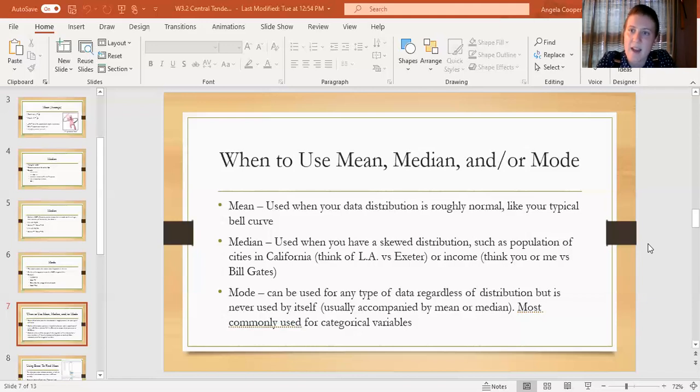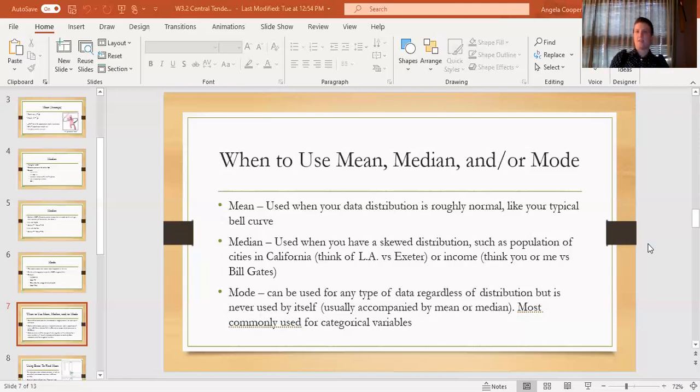So we have these pretty big cities in California with San Francisco and LA. And then you have cities like Exeter or Porterville or Centerville, where they're a lot smaller. Obviously we're going to have a lot more small cities than large cities, because you go down 99 or any highway, and you're going to see a lot of tiny little towns, or more moderately sized ones.